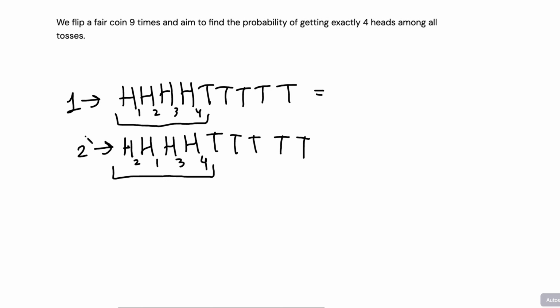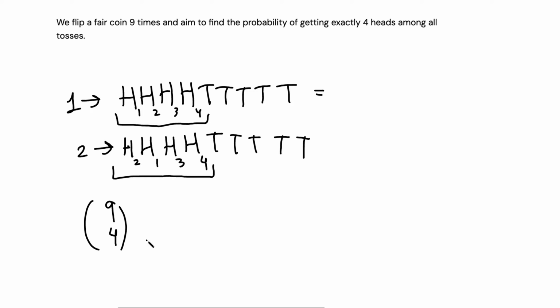So how do we go about doing it? Well, we use combination. Out of the 9 tosses, we want 4 of the 9 tosses to be heads. And this basically gives us the number of permutations of 4 heads among 9 tosses where the order of h1, h2, h3, and h4 doesn't matter.